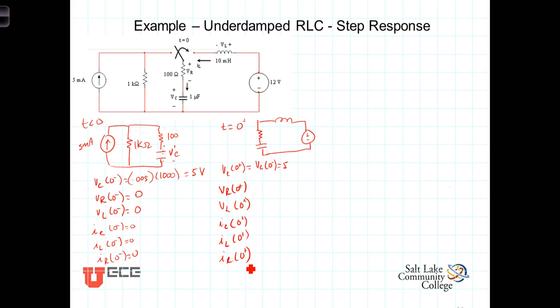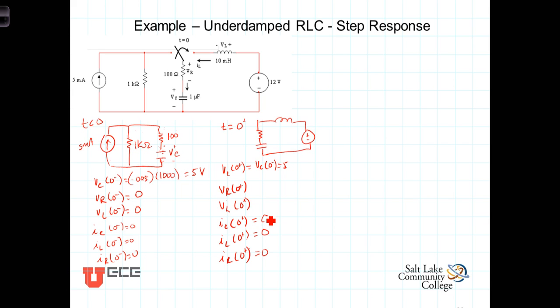Of these currents, which of them are going to remain the same? Well, the current through the inductor is going to stay the same immediately after as it was before. And right before it switched it was 0, so right after it switches it will be 0. And because it is in series with these, we know then that I sub R will also be 0 right after it switches, and I sub C will be 0 right after it switches.